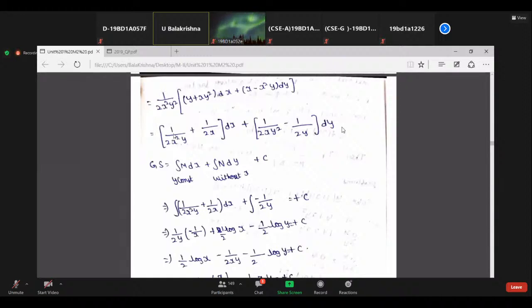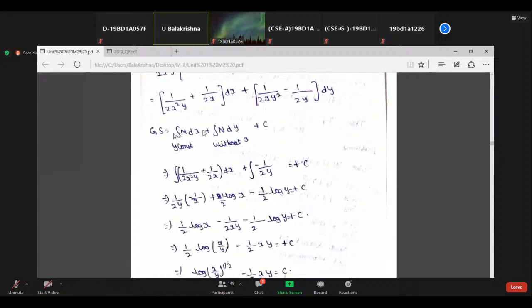As it is an exact differential equation, its solution is integrating the M function with respect to x, treating y terms as constants, plus integrating the N function with respect to y, which is free from x terms. So here M is 1 by 2x square y plus 1 by 2x, and N is this function. There are two terms. The first term has an x term, and the second term is minus 1 by 2y.